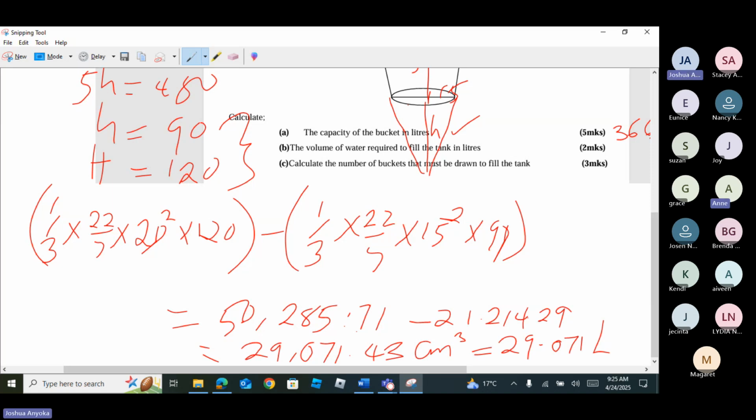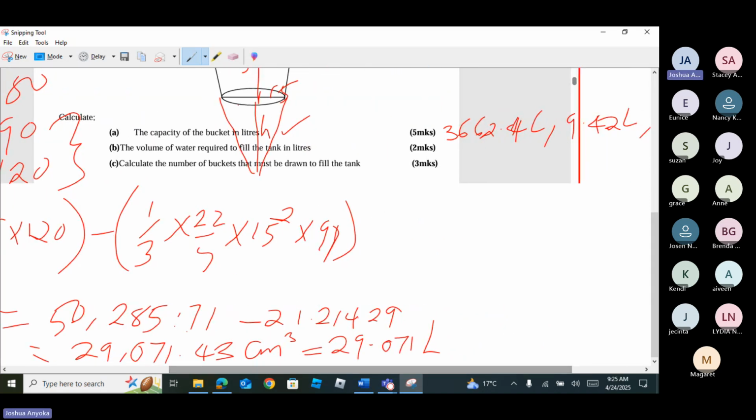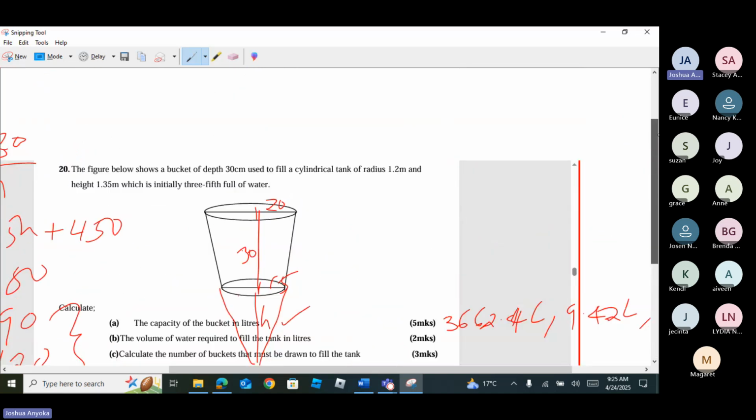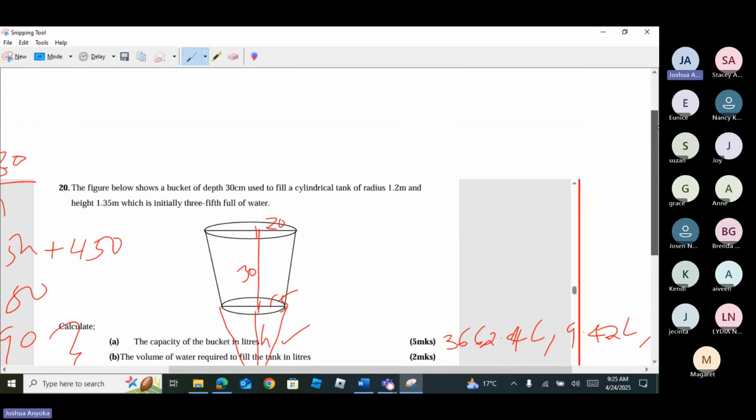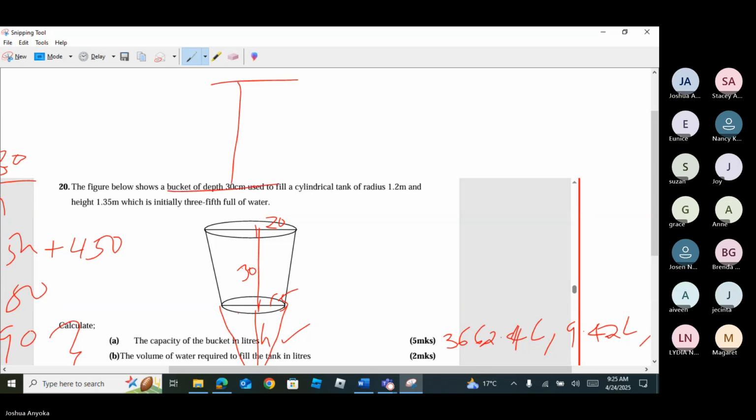Part B, the volume of water required to fill the tank in full. Initially, the tank was 3/5 full of water. So if 3/5 is full of water, what is remaining is 2/5.